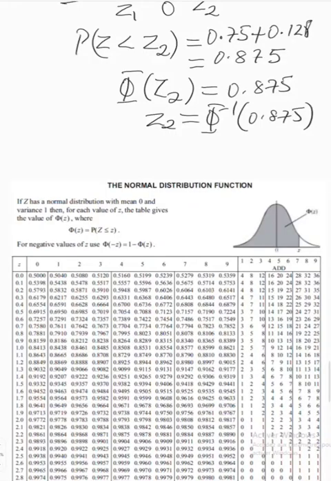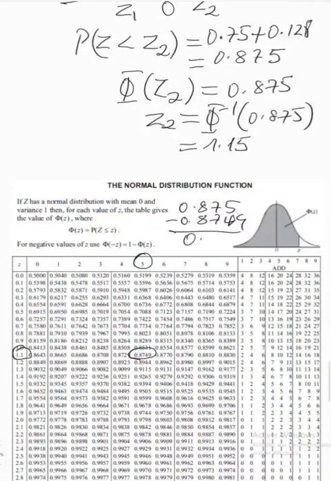Now in the body of the table we do not have 0.875, but we have a value very close to it, which is 0.8749. It corresponds to a z-score of 1.15. So I write 1.15 as the z-score. Then I find the difference between 0.875 and 0.8749.